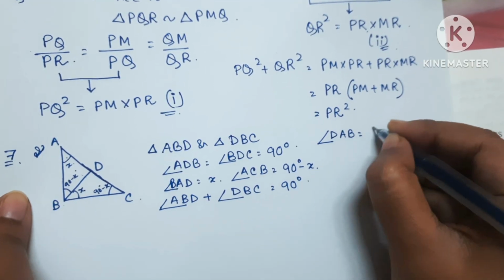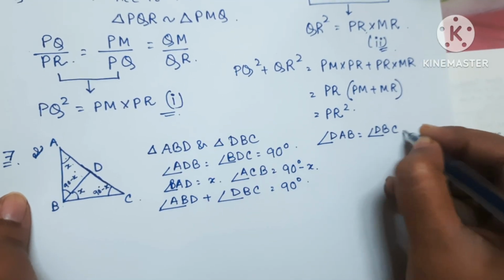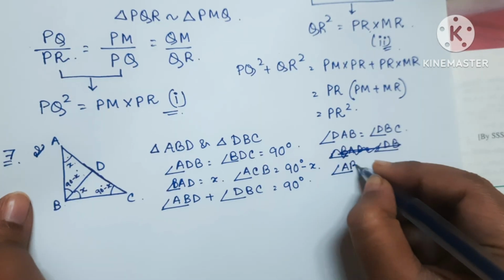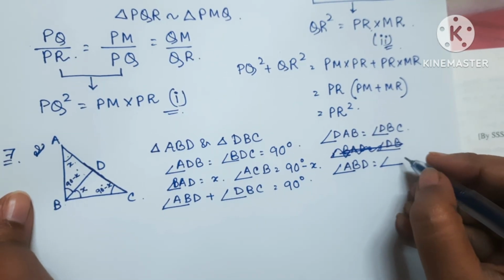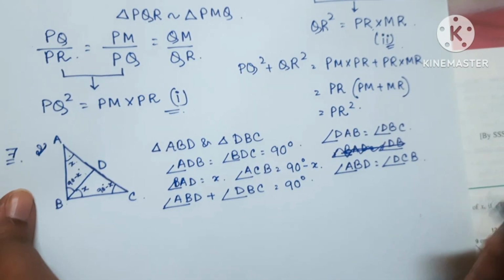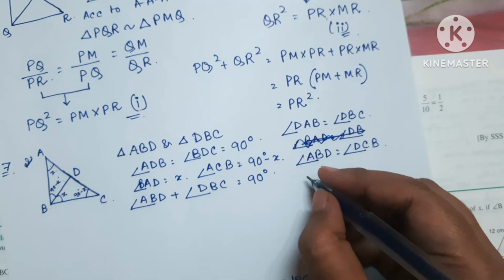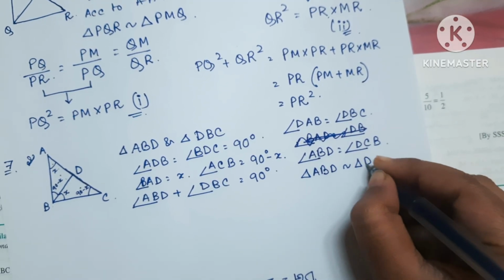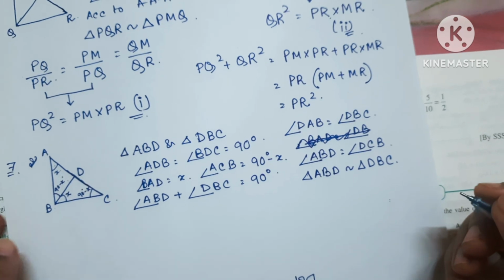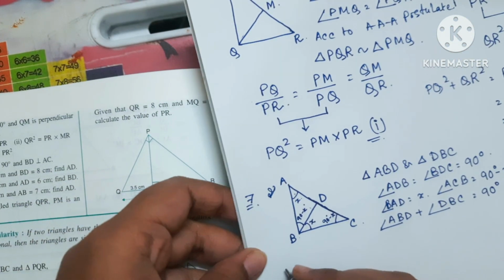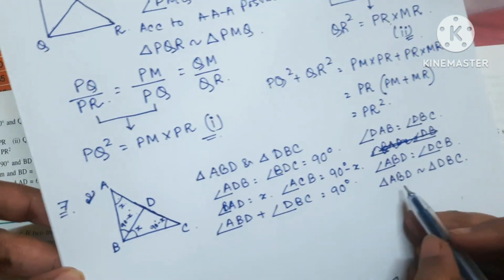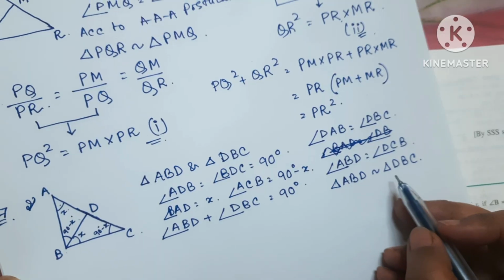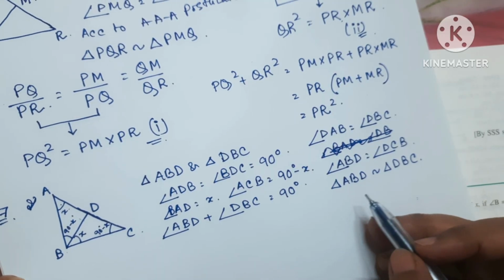DAB is equal to angle DBC and angle ABD is equal to angle DCB. Okay, so according to AAA postulate, triangle ABD is similar to triangle DBC, right? Now you can easily write, since these two triangles are similar, that corresponding sides are proportional.